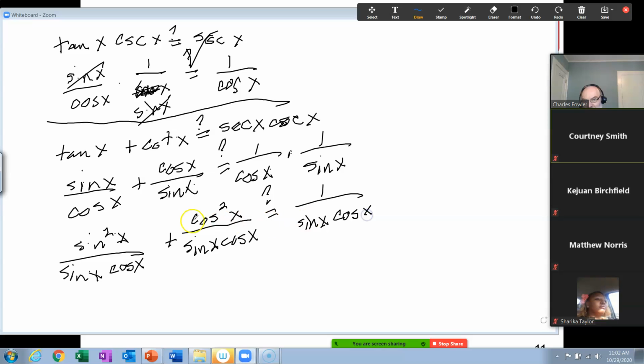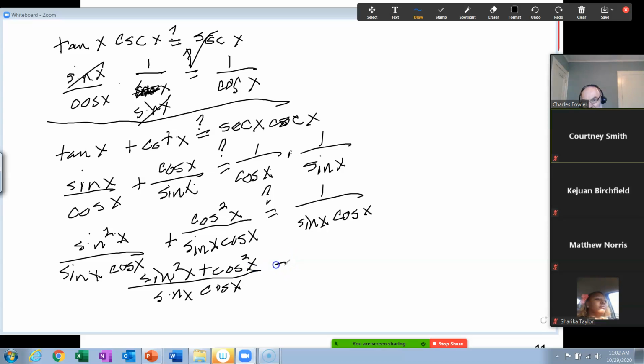This is beginning to look like it might be helpful, because now you have the same denominators here. You can just keep the denominator, sine x cosine x, and add your numerators together, sine squared x plus cosine squared x.